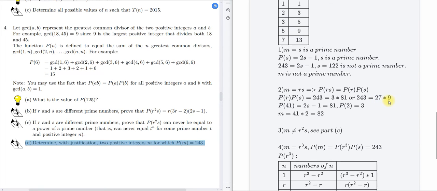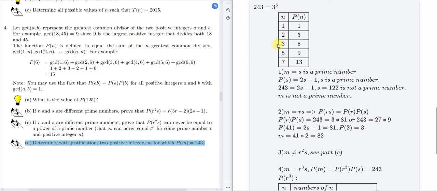There are only two possibilities. We already prepared this table, which is P2 equals 3 and P41 equals 2s minus 1 equals 81. So m equals 41 times 2, which is 82.